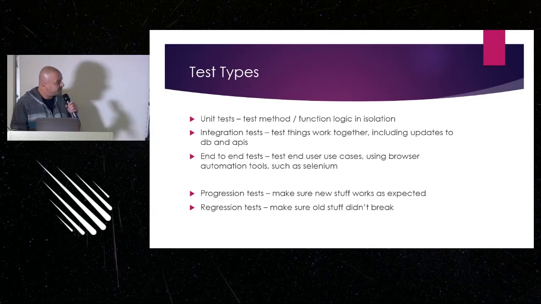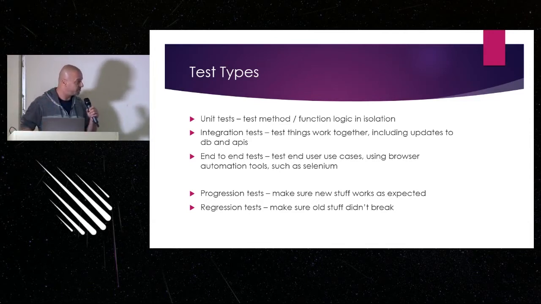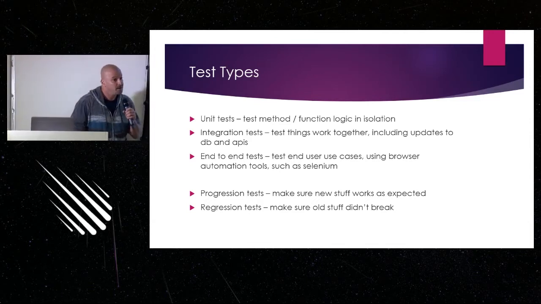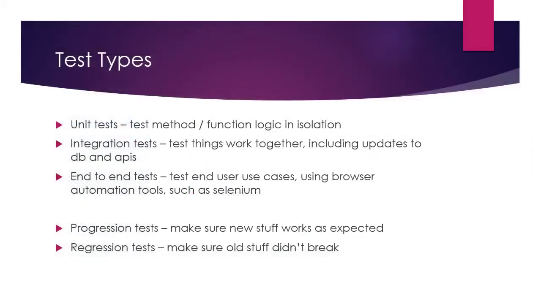So those are the types of tests, and then there's another two types of tests in a different area, which are called progression tests and regression tests. Progression tests are the tests you're going to write or execute to test the new features and new functionality that you're developing right now.